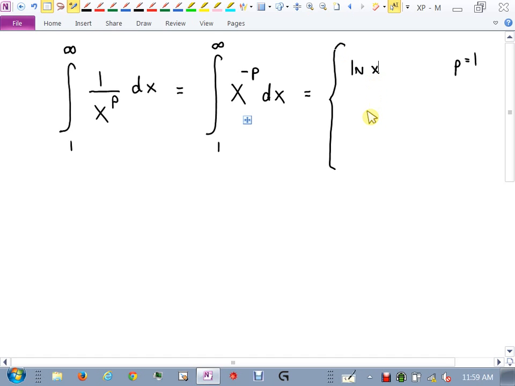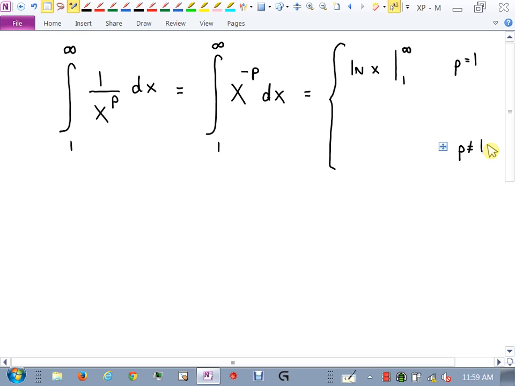What would the antiderivative be? Oh, and we would need to evaluate that from 1 to infinity, sorry. Forgot to put that. If this p was a 1, we would say the antiderivative of 1 over x is natural log of x, and we'd evaluate it from 1 to infinity. What if p is not 1?